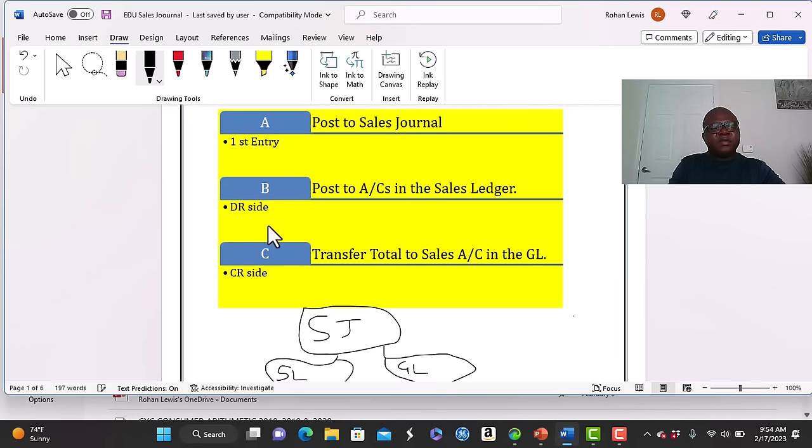But we must note that this would be a series of debit transactions, and on this side, this would be one total credit transaction as we move along.